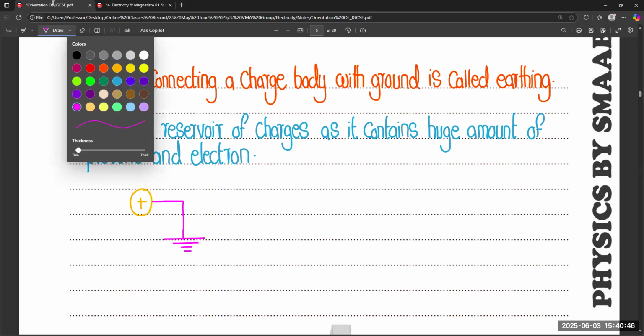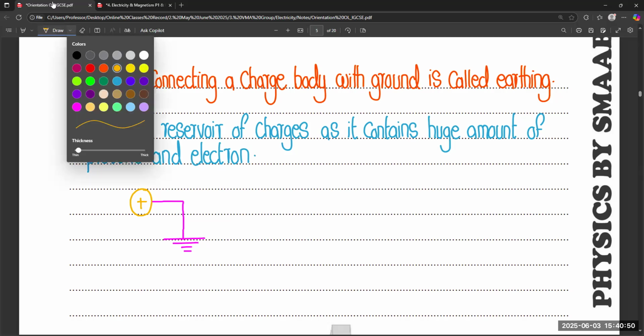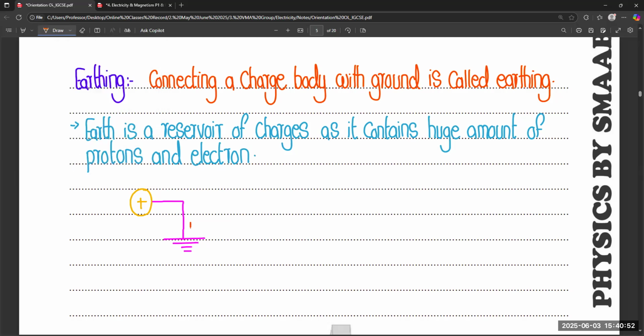So we can say that electrons can be transferred from the earth to the sphere.